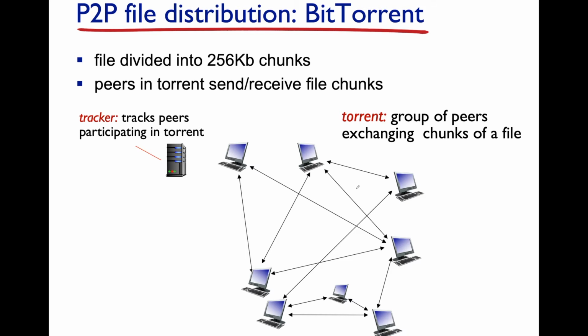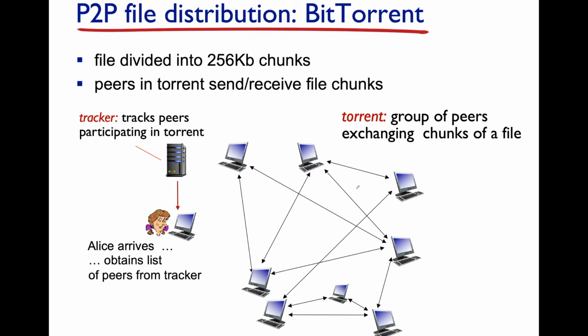And so we have an entity in BitTorrent called a tracker. And the tracker kind of acts like a phone book, a directory service. And when someone first joins the network, let's say Alice, a user, she connects to the tracker, and this tracker obtains a list of peers that are participating in this BitTorrent system. Now, of course, you wonder, how did that tracker know what the peers are?